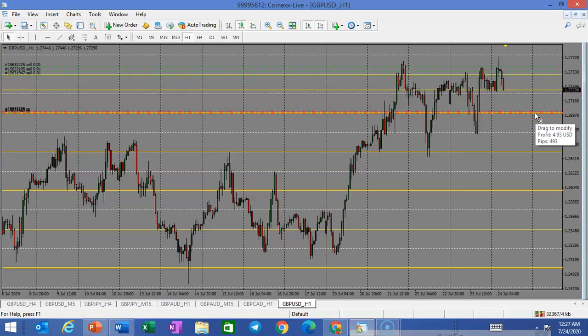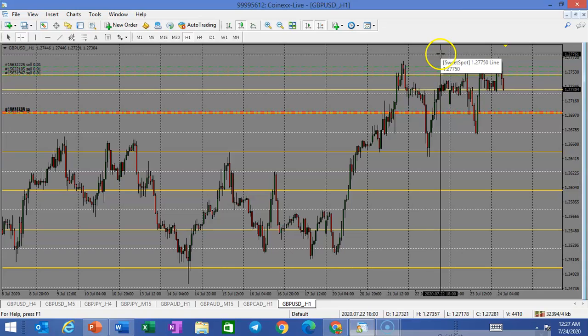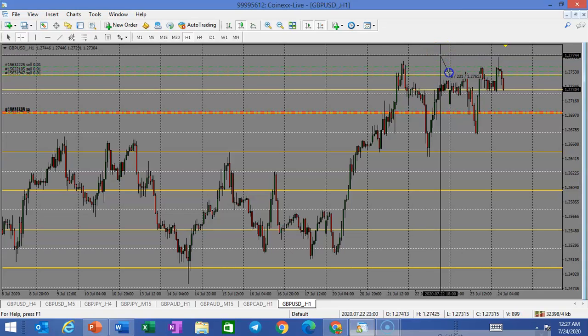But this is significant. Like I said, at this level, at the 1.27500 level, price has kind of been held within this 25 pip range right here. Right?